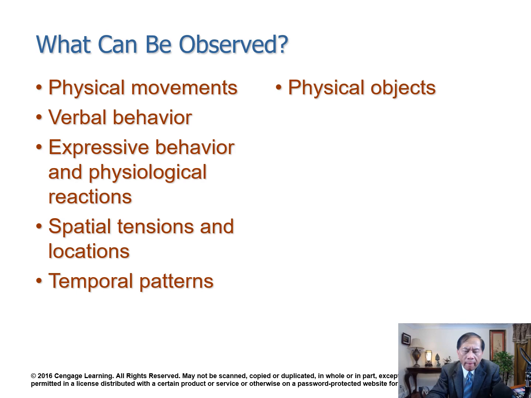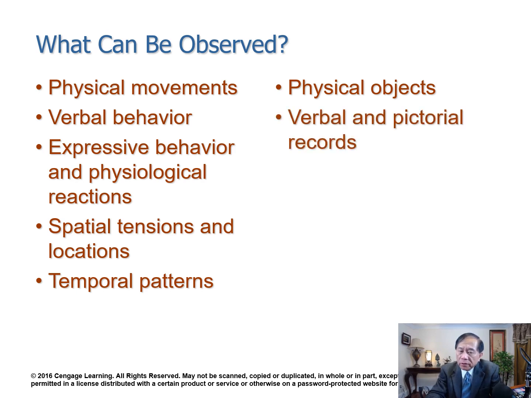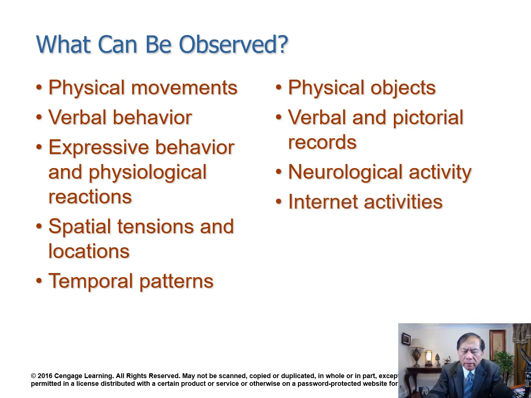And physical objects, of course, and physical movement, verbal and pictorial records left on social media or on cell phones, neurological activity, your brainwave activities, and internet activities: your browsing history, click-through history, purchase history, and responses to surveys and other things.